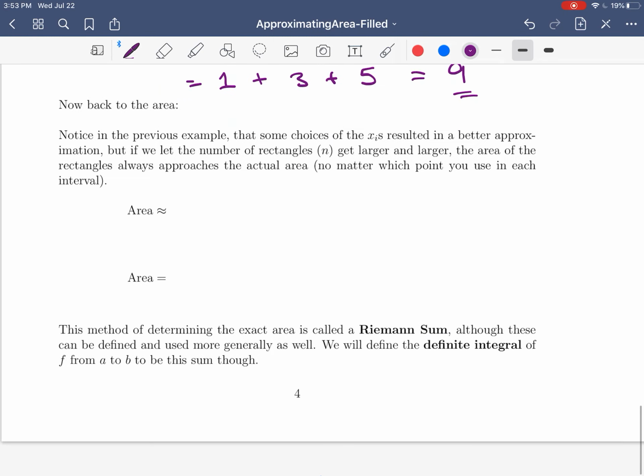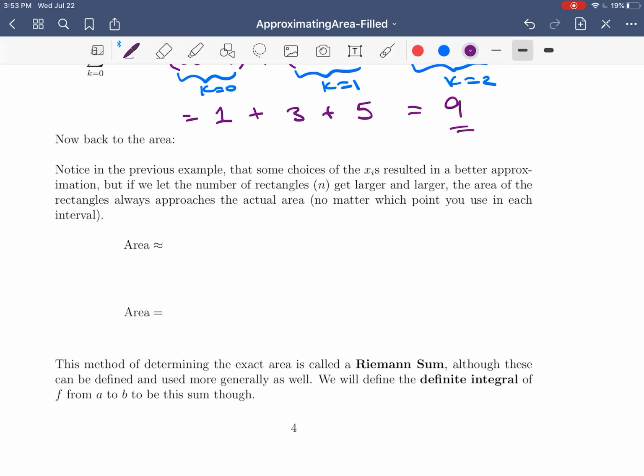So my area is going to be approximately equal to the sum from k equals 1 to n, for my n rectangles, of the area of the kth rectangle. So the width times the height. This part is the width of the rectangle, and this is the height of the rectangle. Now, as the number of rectangles grows, my approximation gets closer to the actual area.